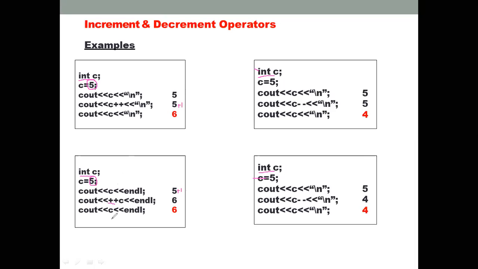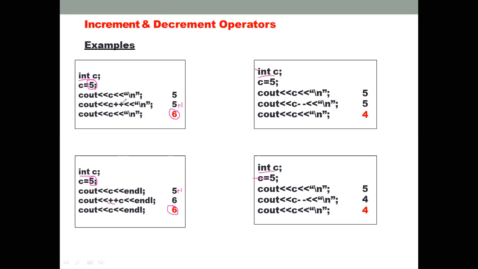The output will be C. Here the output is the same, but where the change happens is different. When you write C++ or ++C and then the last output C, the last answer will be 6, but the changing part is different.